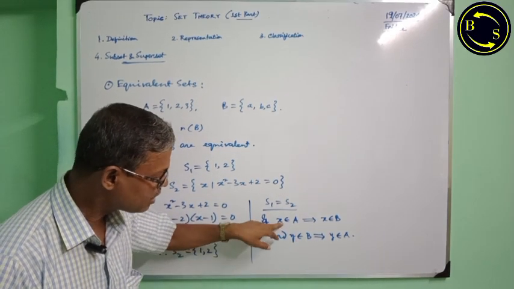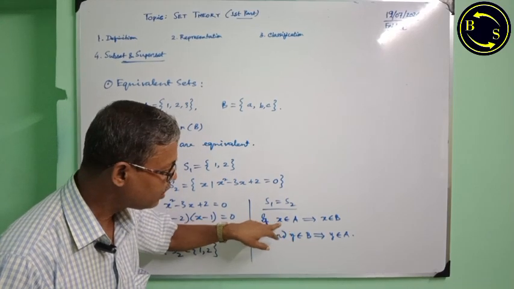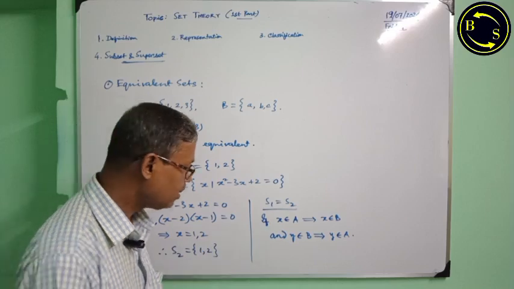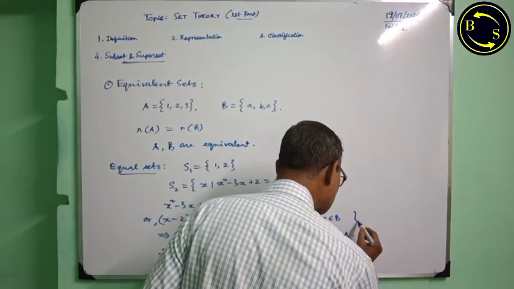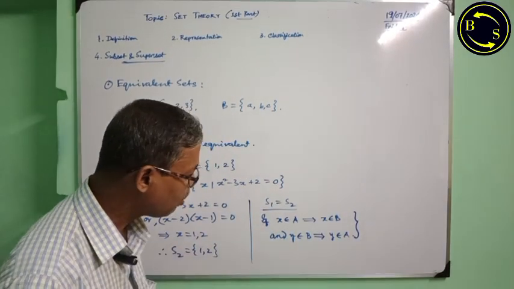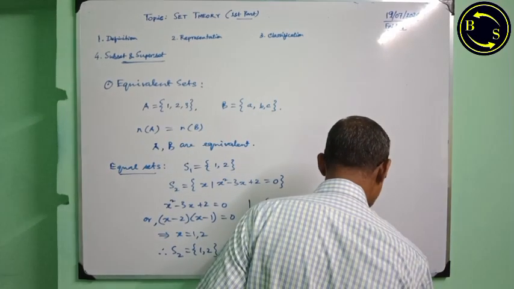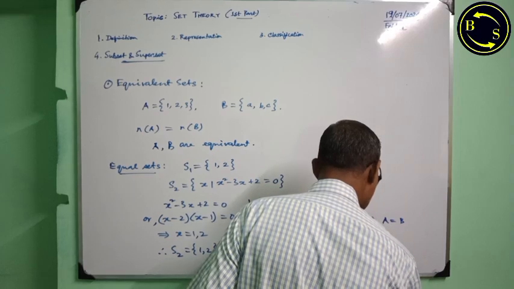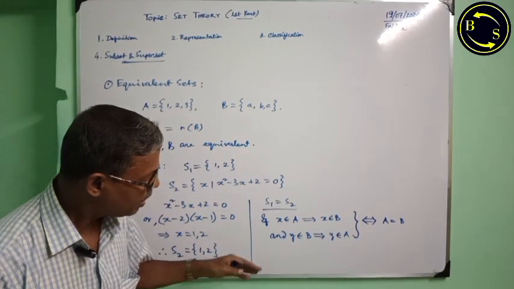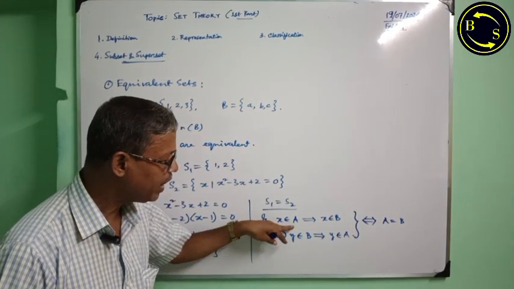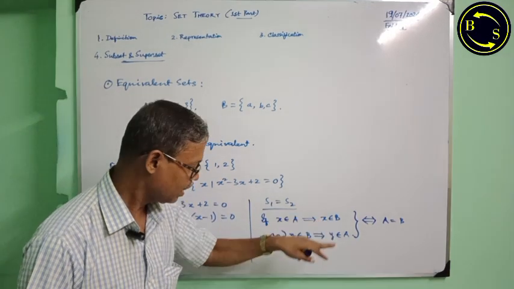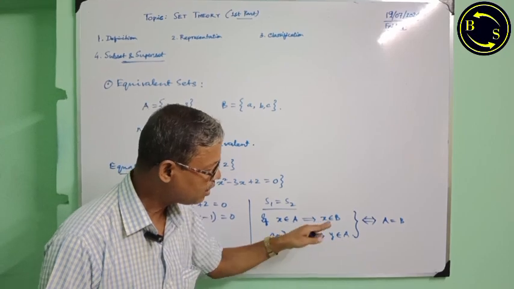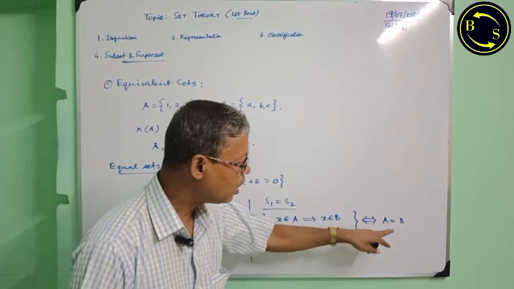That means x belongs to A implies that x belongs to B. If we find x belongs to A implies x belongs to B, and y belongs to B implies y belongs to A, then the conclusion is the two sets are equal.